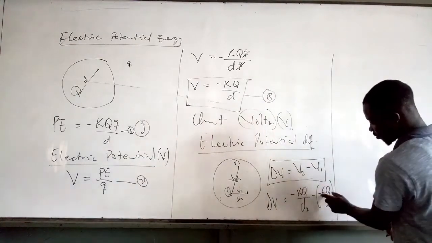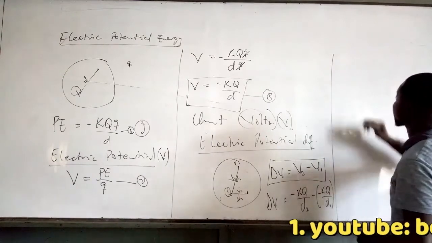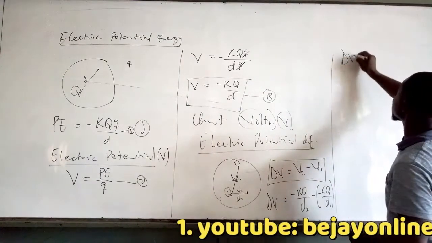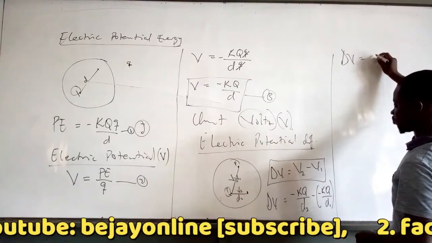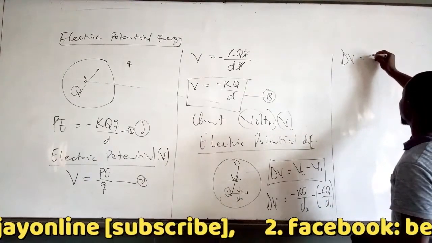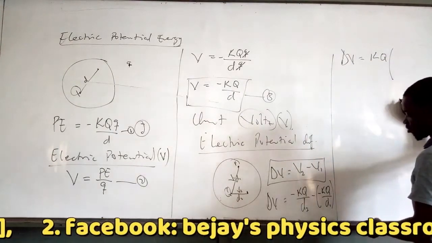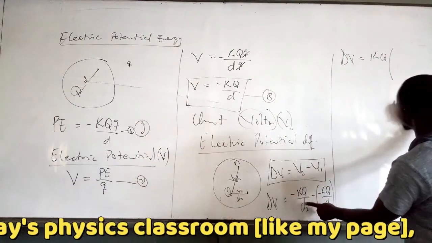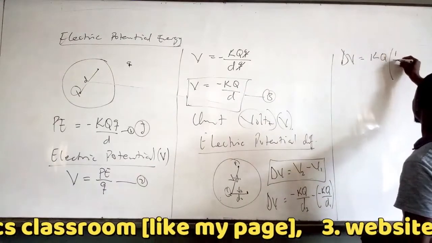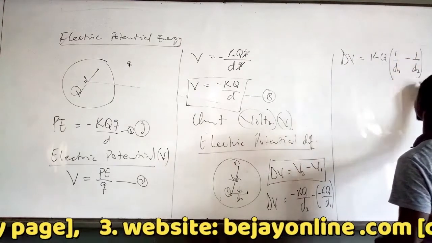So this minus will make this one plus. So we factorize KQ out. That will give me delta V is equal to KQ into bracket. Now look at this. This is going to make this one positive, but this is already negative. So that will give me 1 over D1 minus 1 over D2.